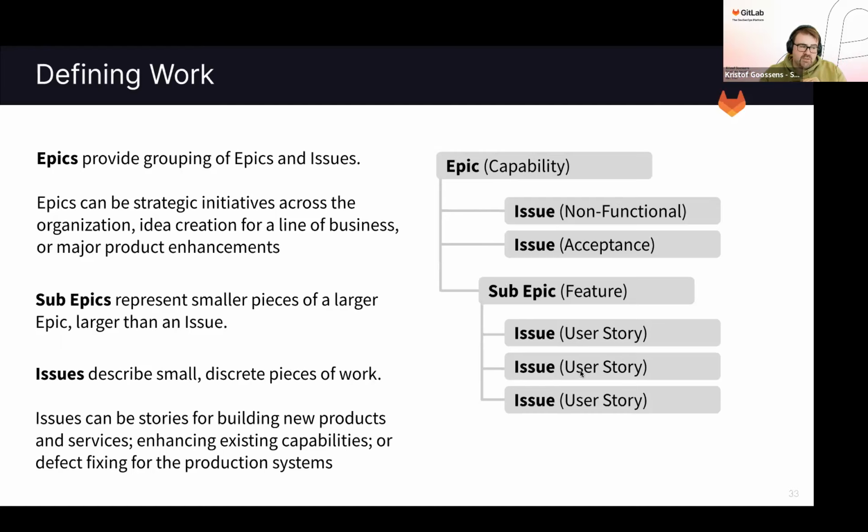And on a sub-epic, the linked issues there might mean we're actually writing our user stories. But in essence, both are issues and both are epics as well. But you can mimic the structure that you want.